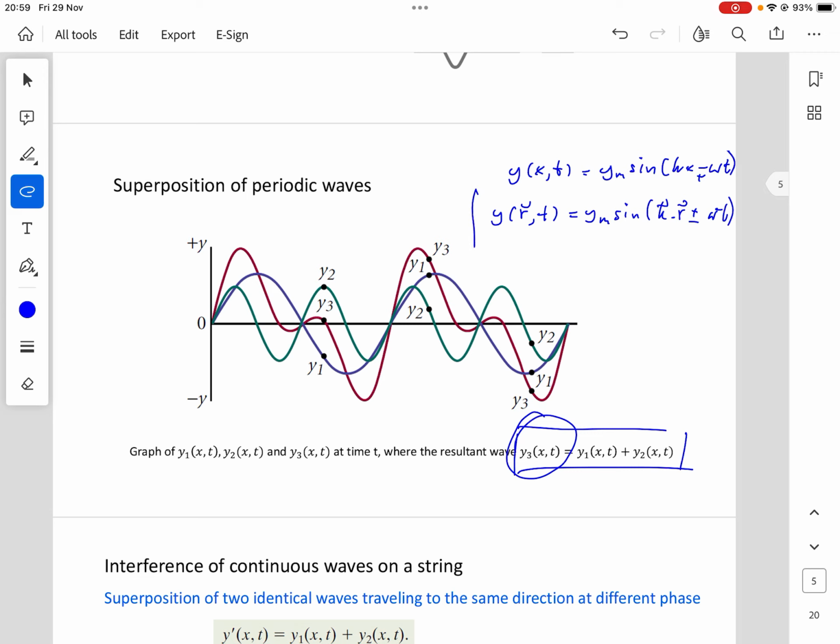If you can write the wave function in this form, you can simply find the interference wave by summing up the wave functions directly. That is why we call this superposition, because it is just the superposition of the wave functions in space. That is the result of the interference of the waves.